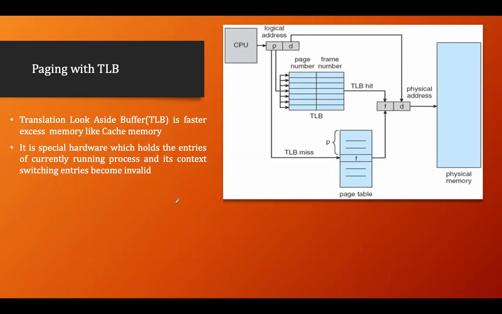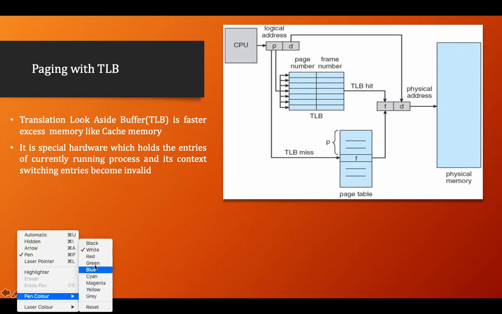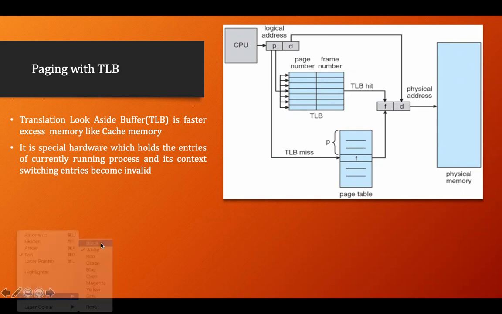So another hardware has been used here, that is called TLB, translation lookaside buffer. That will act as a cache memory or a type of cache memory. So the translation lookaside buffer is a faster access memory like cache memory.